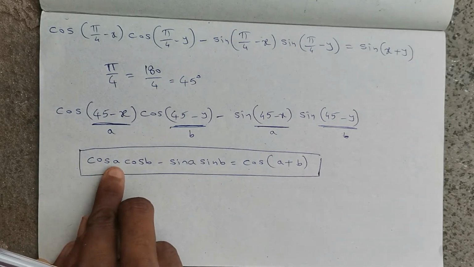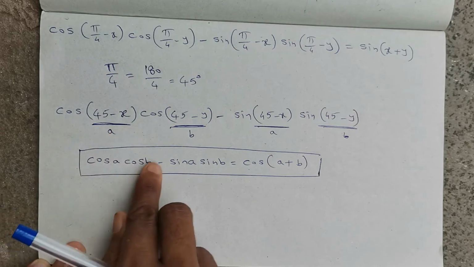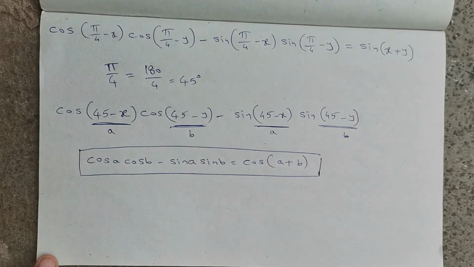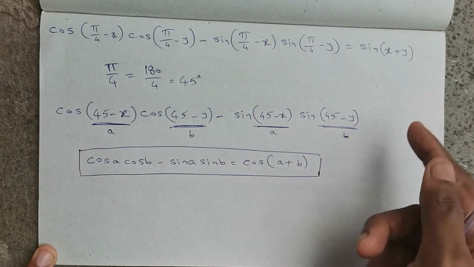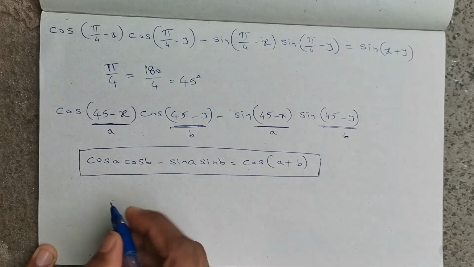In the place of a, 45 minus x. In the place of b, 45 minus y. Now let us write that in the form of cos of a plus b.